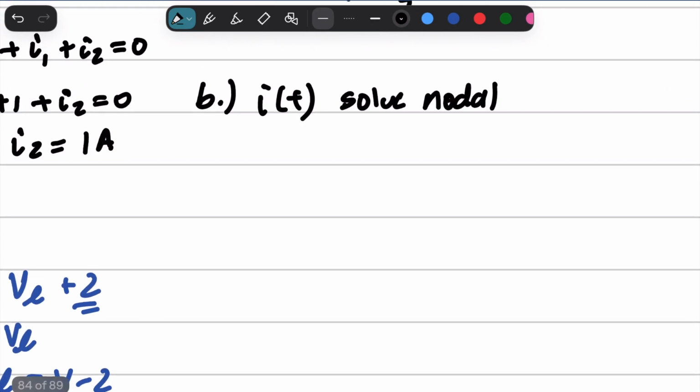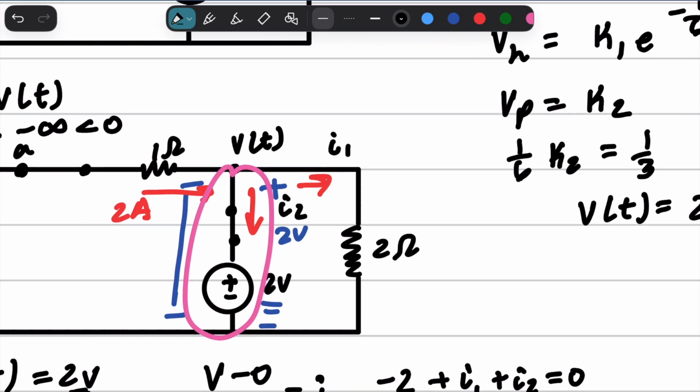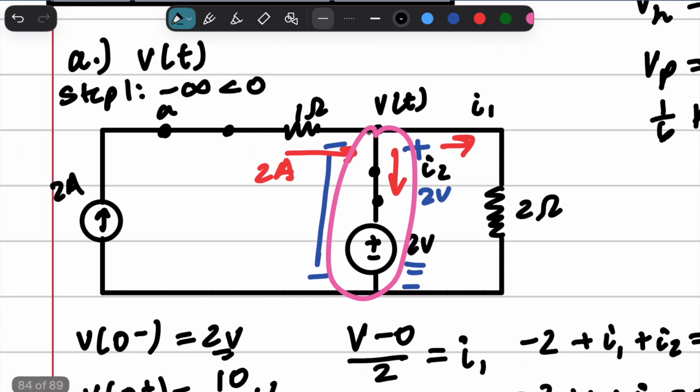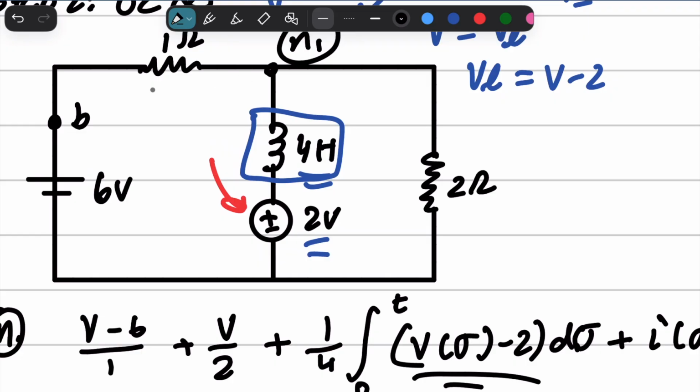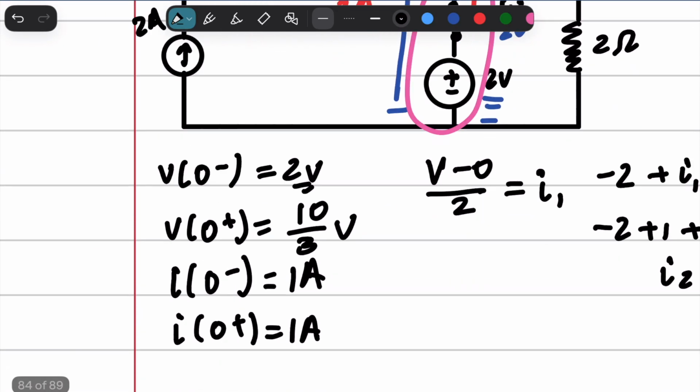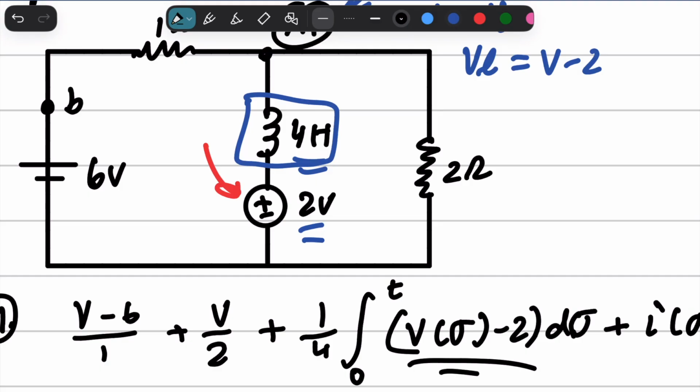So let's go ahead and apply some KCL. We've got our KCL going out this way, and then we've got our KCL going out this way, and we've got our KCL going out this way. Okay, sorry for this one, because I was like, why do we have this too? Anyway, so we have our KCL going out this way, this way, and this way.